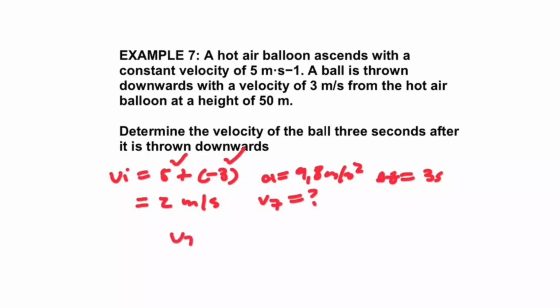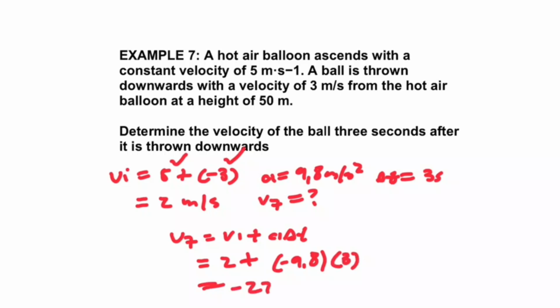We have VF being equal to VI plus A delta T. VF will be equal to, what is VI? The initial velocity is 2 meters per second plus the acceleration, which will be minus 9.8 if we're taking up as positive. The time, the scalar, always positive, so we multiply that by 3.